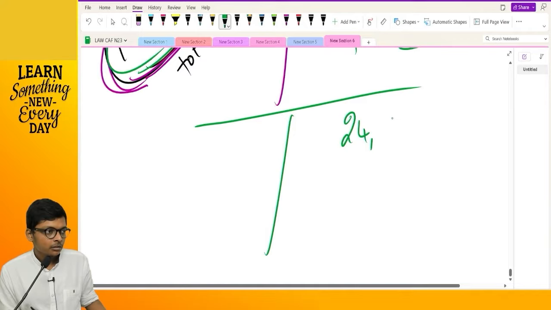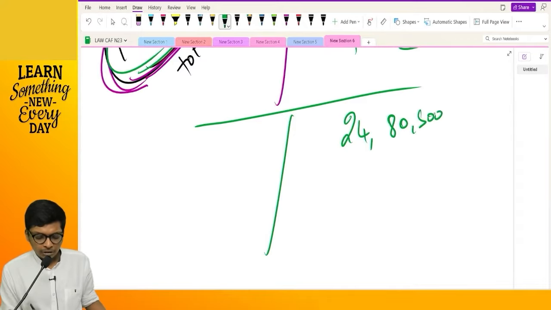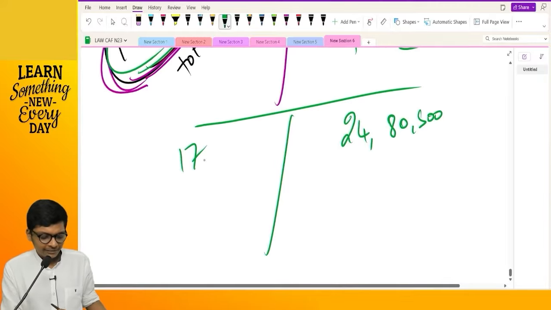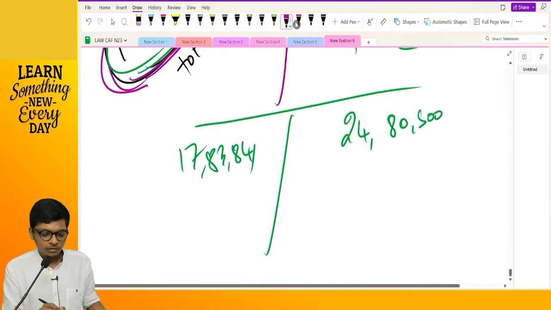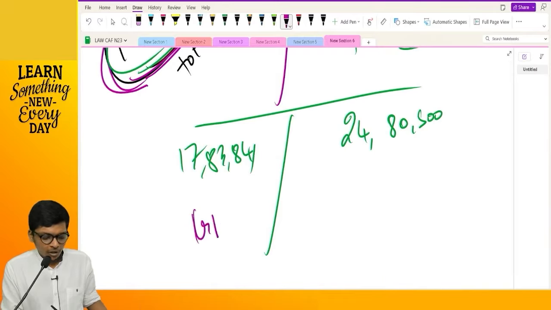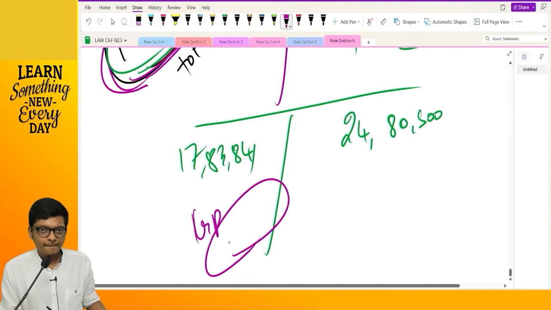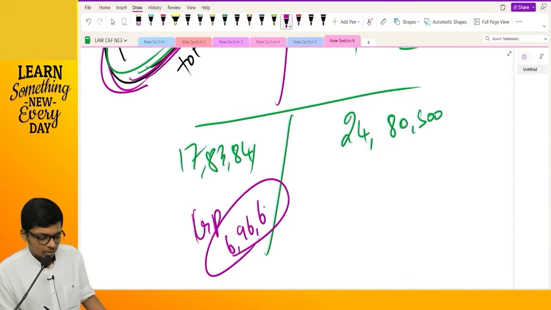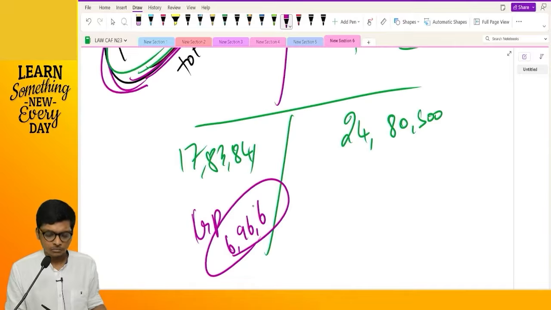24 lakh 80,500 total sales, less total purchases 17 lakh 83,841. So my gross profit would have been 6,96,659. Are you following, guys?